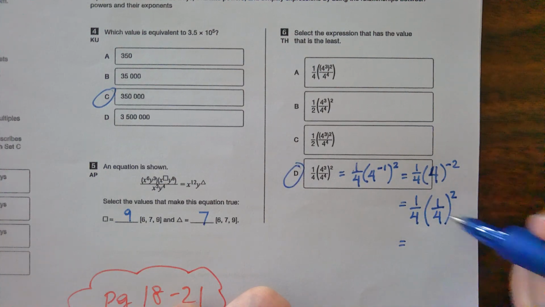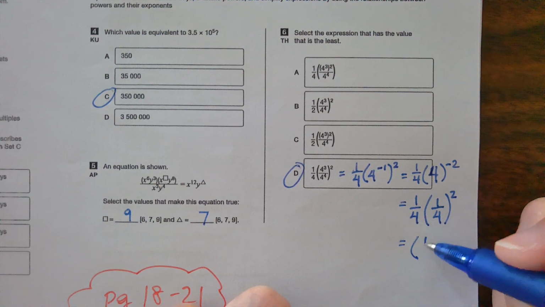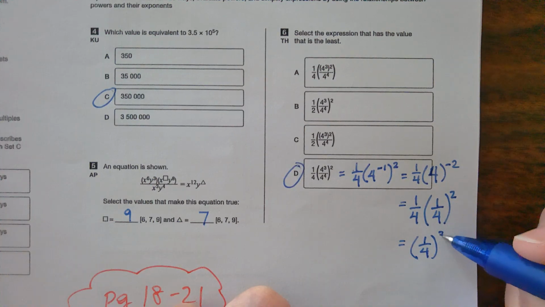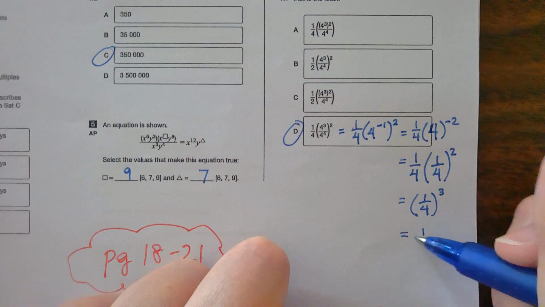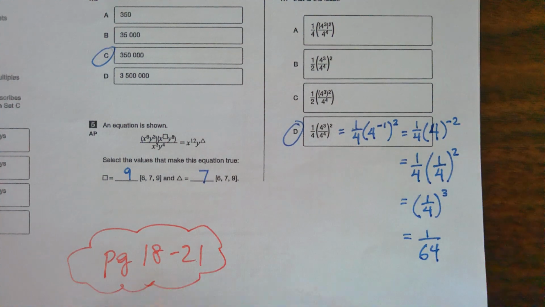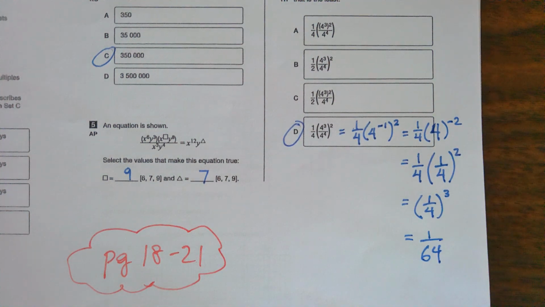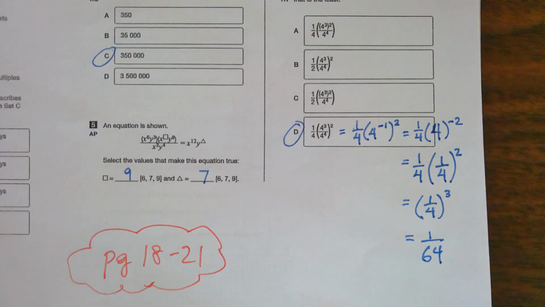Okay. So basically, this becomes 1/4 cubed, which is 1 over 64. All right. And so if you try all those, this one is the smallest number. Okay.